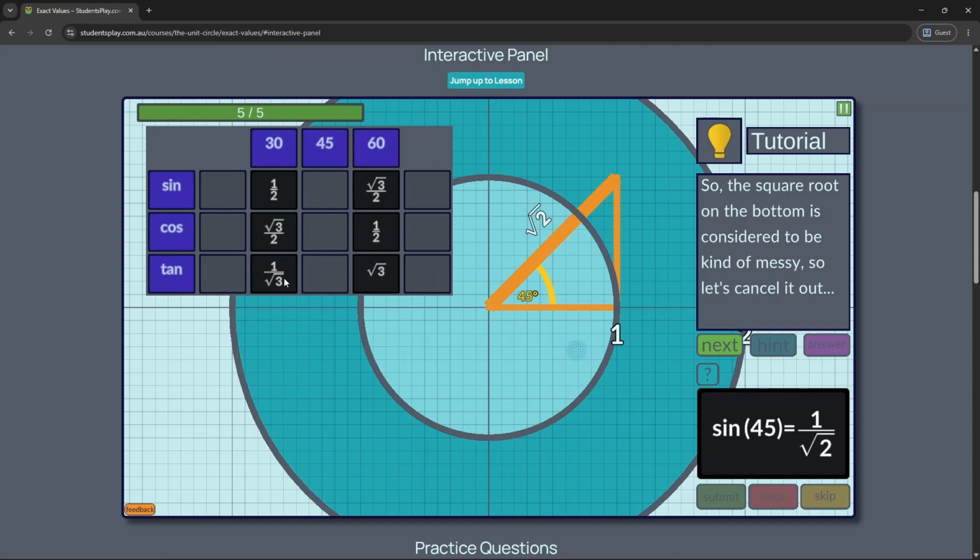But you technically should rationalize it when you actually use it as part of an answer. But a lot of times this won't be your final answer anyway, and so it's fine to have it in the table with the square root on the bottom.